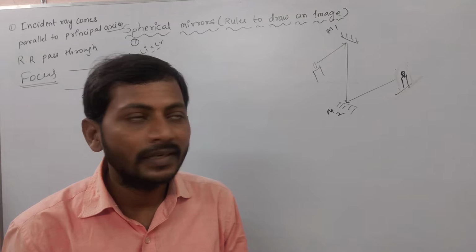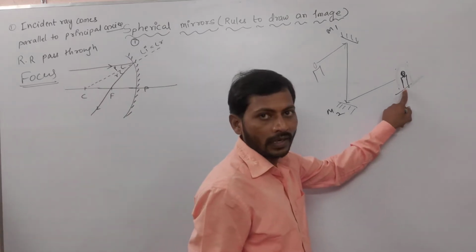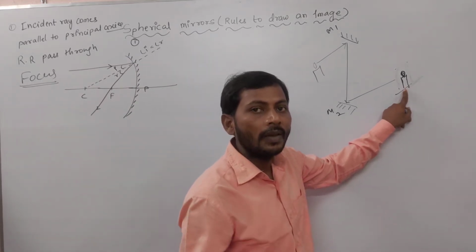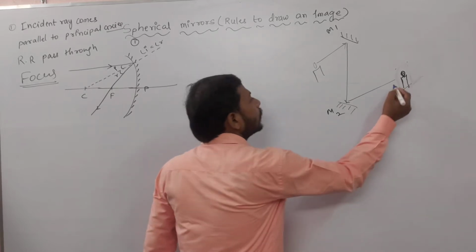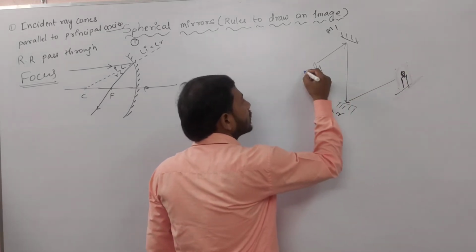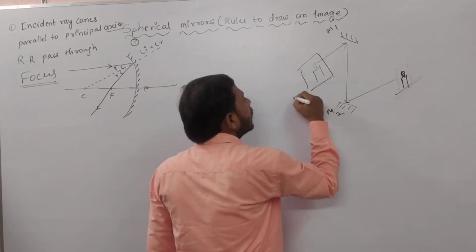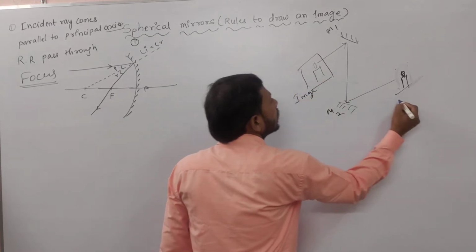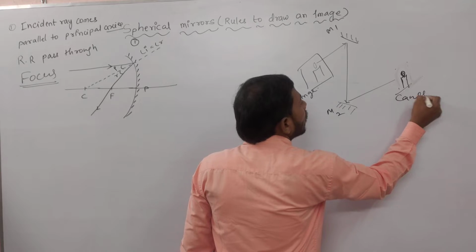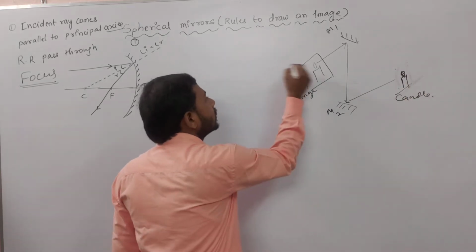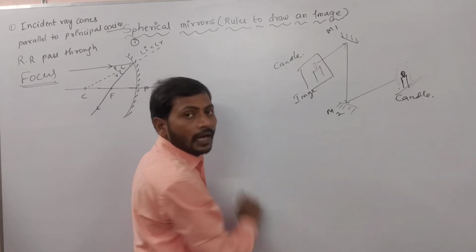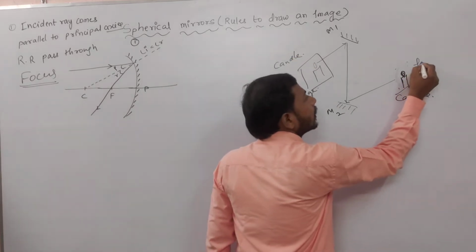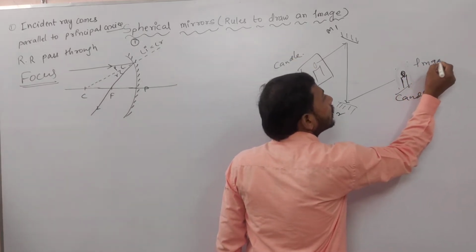Did you get my point? If I keep the object here, I will get the image at this location. Before, the candle was here and the image was there. Now the image is here and the candle is there.